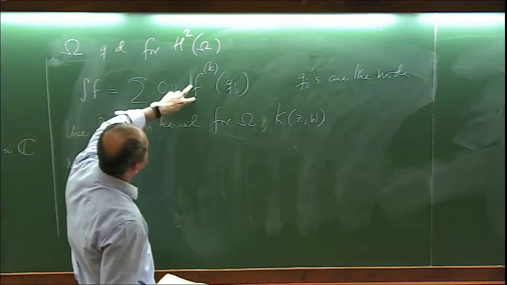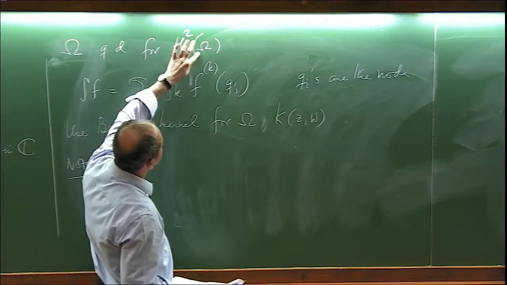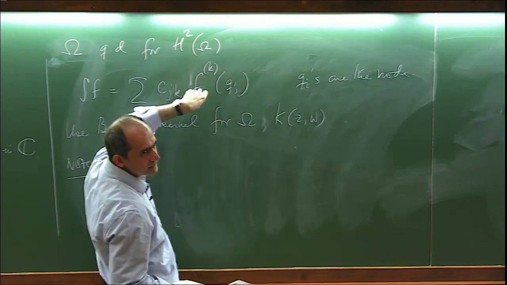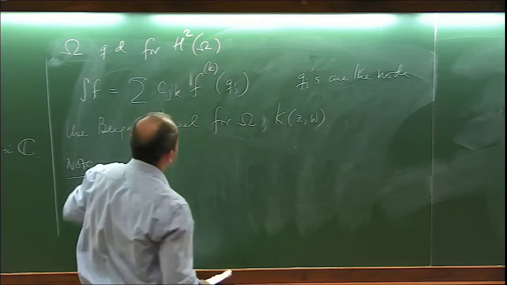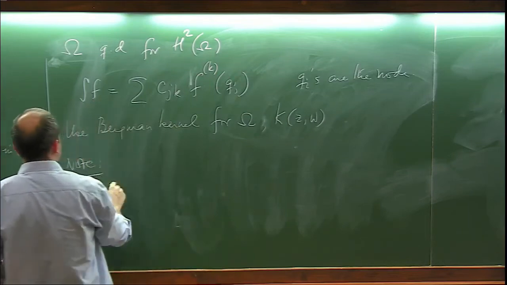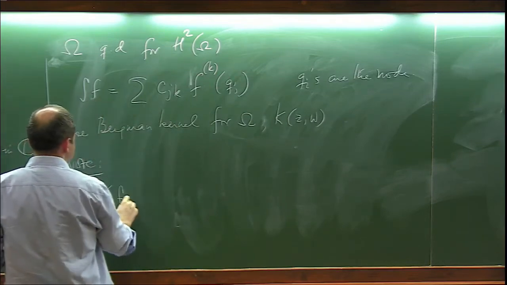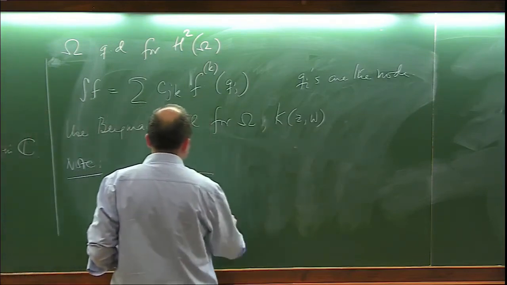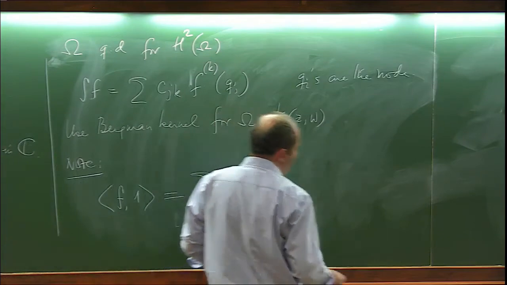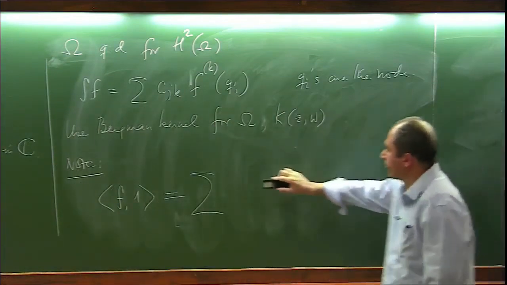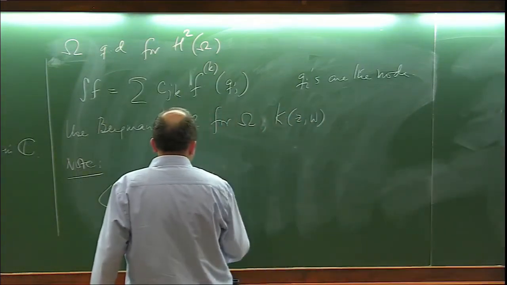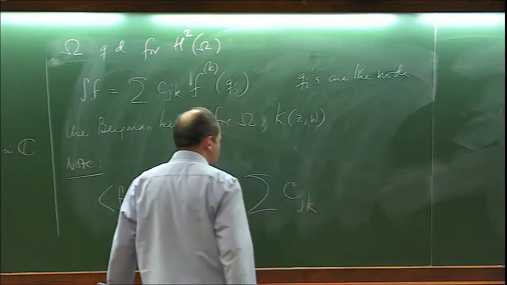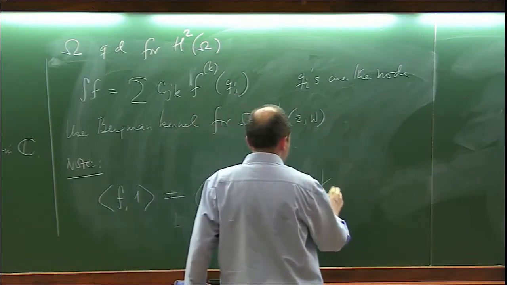So because you have derivatives here, we'd like to interpret this as the integral of f times a certain power of K. Let me write down the left-hand side here as the inner product of f with 1. And on the right-hand side, you have the sum, the inner product rather, of f with a certain combination of functions that look like this.